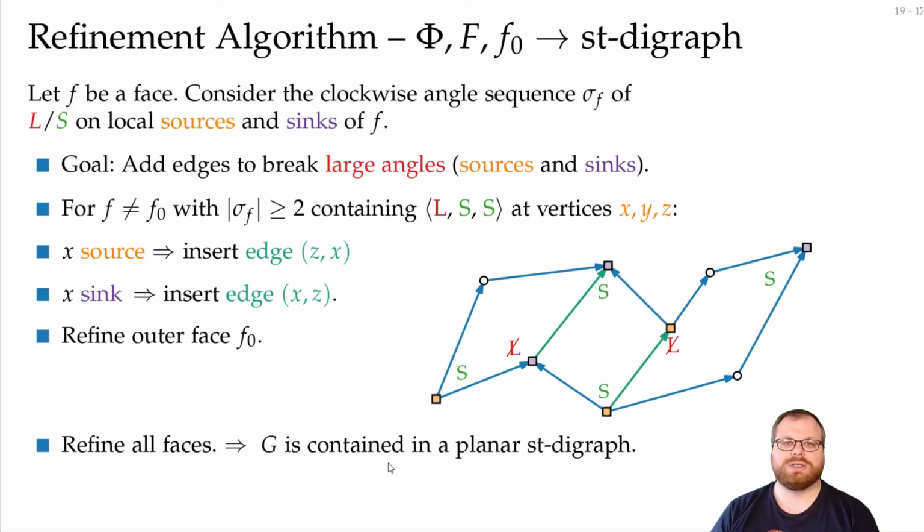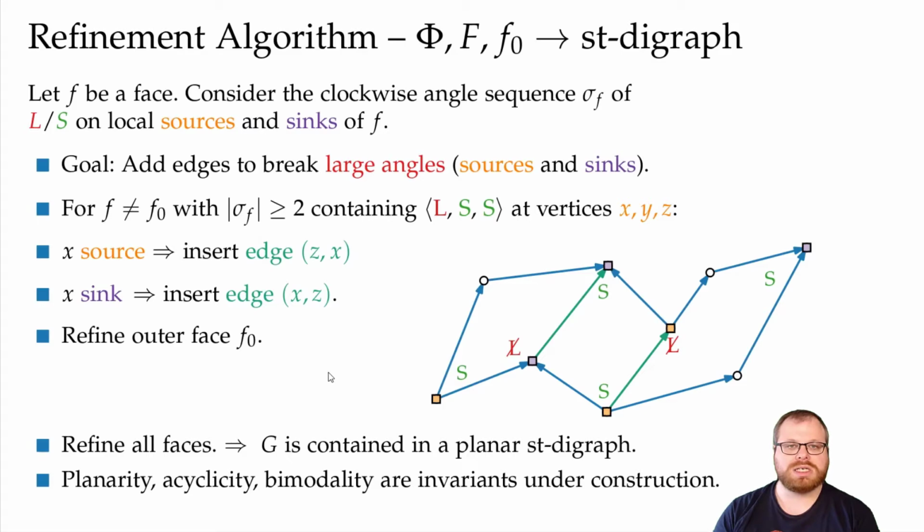Now if we refine all faces, then G is contained in a planar ST digraph. And the planarity, the acyclicity, the bimodality, they are all invariants under construction. It's easy to see that we can never create a directed cycle, we will never create something that's not bimodal, and we will never destroy planarity.